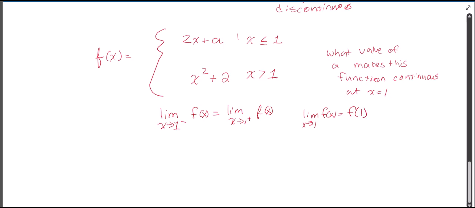This second part's not going to be a problem with this function because less than or equal to 1 has the equal to it, so whatever limit we have as it approaches 1 from the left is what it's going to actually equal at 1. And so what you do for these is I say the limit as x approaches 1 from the left, and I take the value of the function to the left of 1, which is 2x plus a.